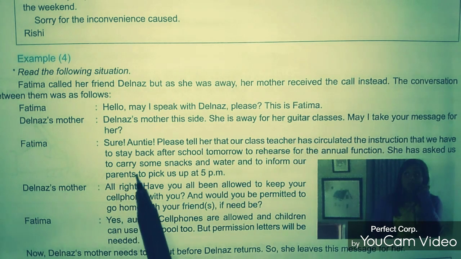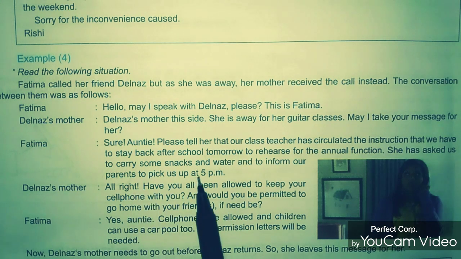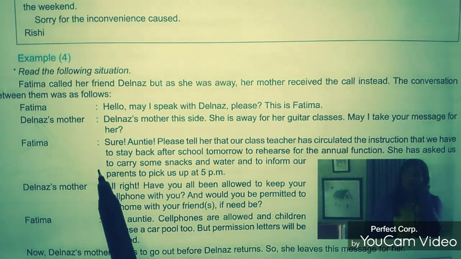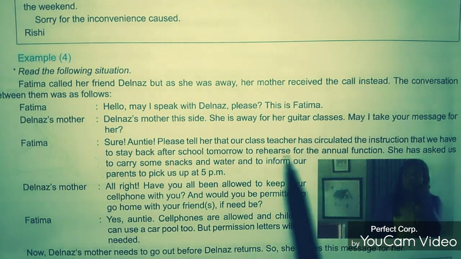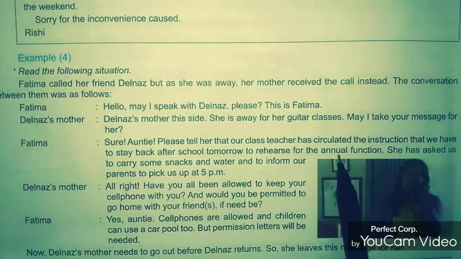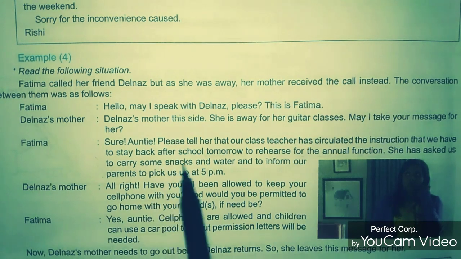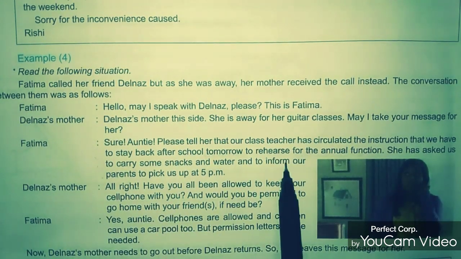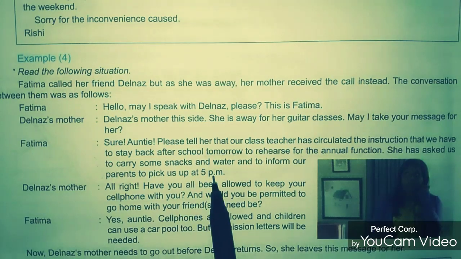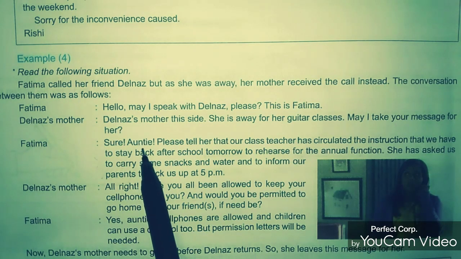She has asked us to carry some snacks, water, and to inform our parents to pick us up at 5 p.m. So this is the important message which Fatima wanted to convey to Dilnaz, that we have to stay after the regular hours of the school for the rehearsal of the annual function, and the teacher asked us to carry snacks, water, and we have to inform our parents to pick us up at 5 p.m.